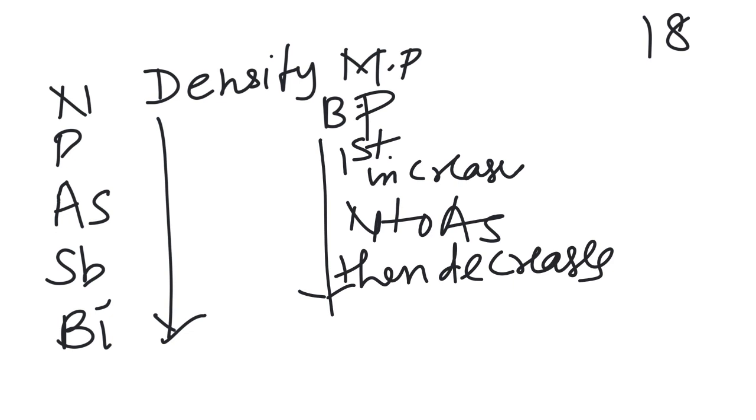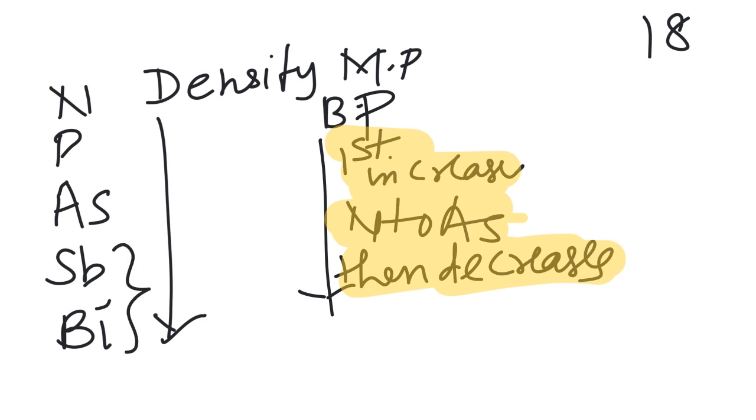In this chapter you will get questions like give reasons and structure. Wherever there is an exception, please note it, and it is always asked. Why? Due to the same size of antimony and bismuth; they have almost the same size.